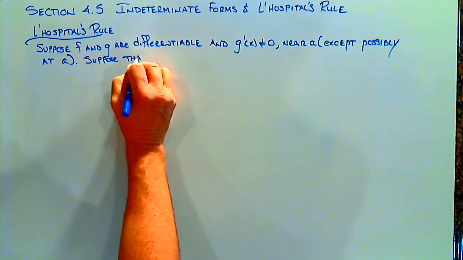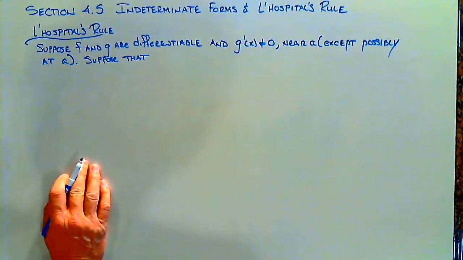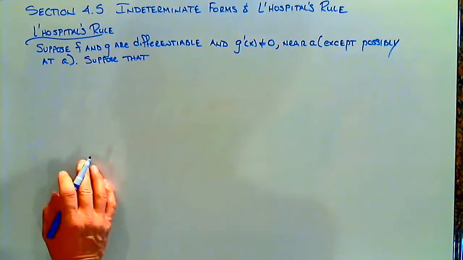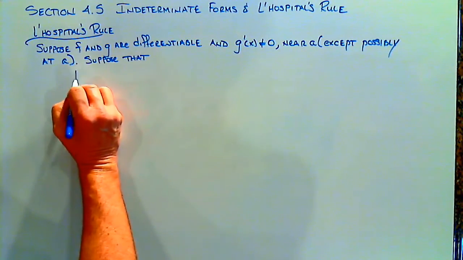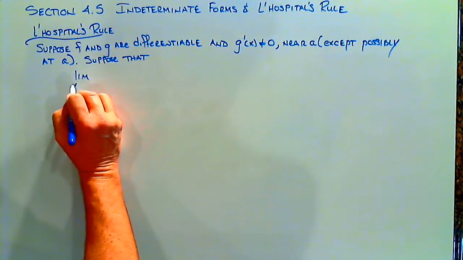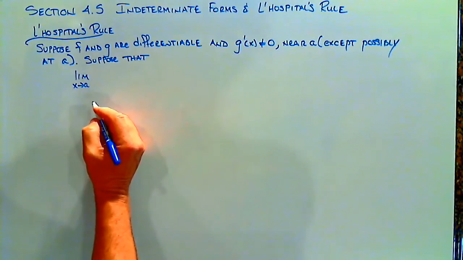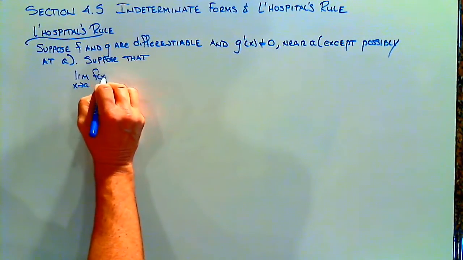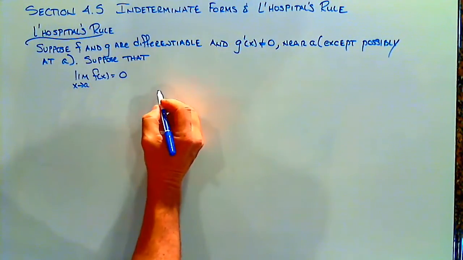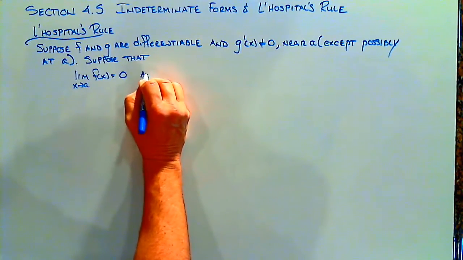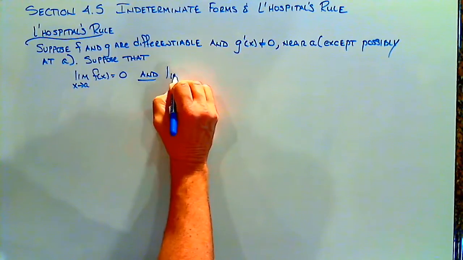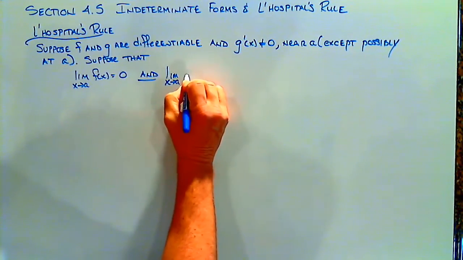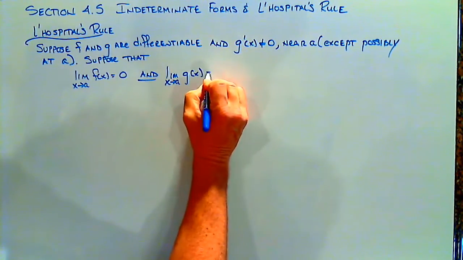Suppose that. All right. So L'Hopital's rule takes care of two separate situations. And we have to keep in mind that these are two separate situations. So our first situation says, if we take the limit as x approaches a of f of x, our first function, and we get 0, and the limit as x approaches a of g of x equals 0.